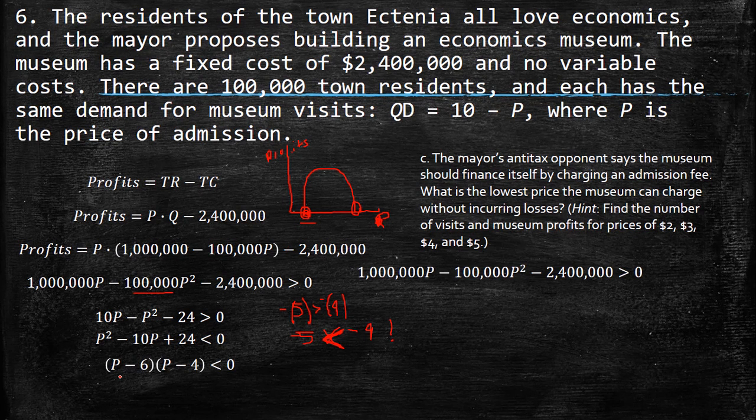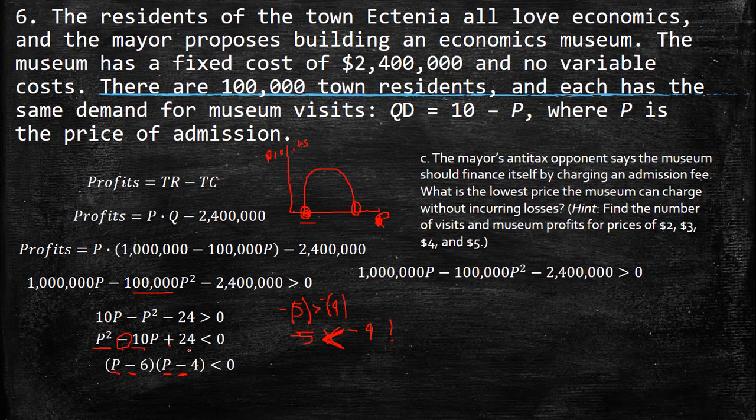Then we do the factorization. We have the square, which is going to be p in each parenthesis, minus, and times plus is going to be minus. Then two numbers that multiply to 24 and sum to 10.